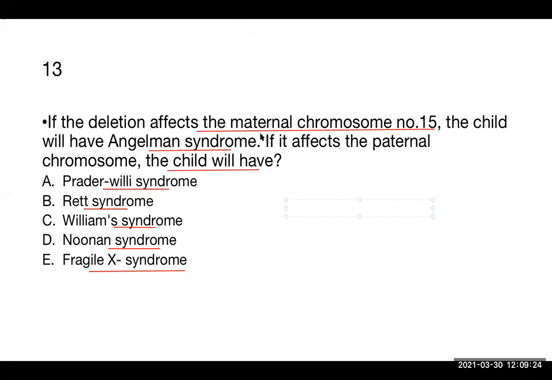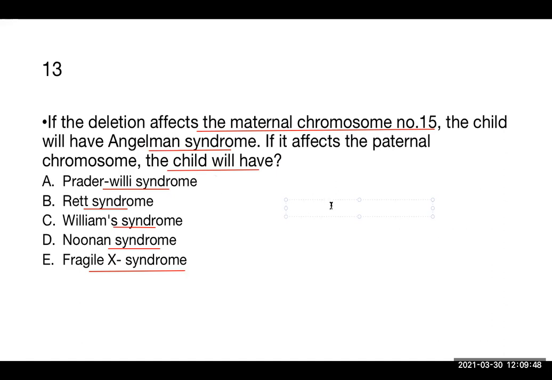Or on the other hand, we only have the paternal chromosome there. No maternal chromosome, but only the paternal one, that is Angelman. Whereas if the paternal chromosome is having deletion of certain genes, or if only having the maternal chromosome in the place of the paternal one, then Prader-Willi syndrome occurs.